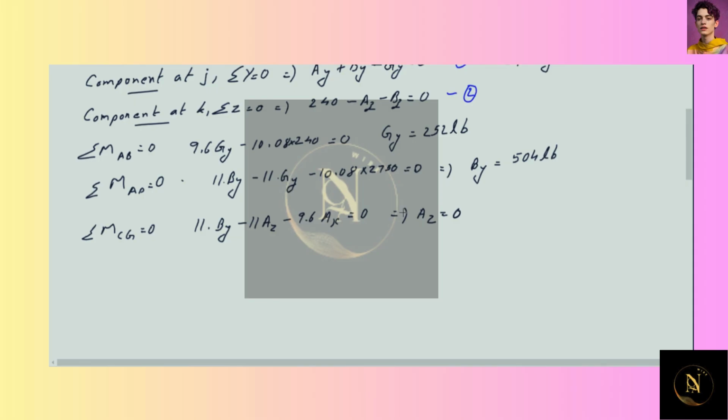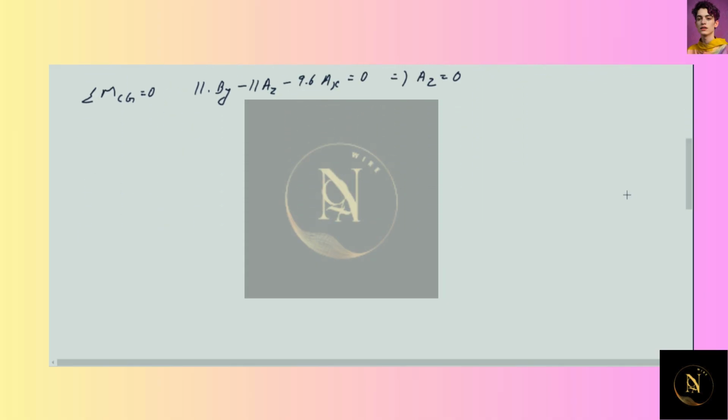Substitute the value of Az in equation number 2. That gives the value for Bz, which will be minus 240 lb. After determination of the reactions, use the joint method to get the forces in the members joined at E. So let's start from joint A.